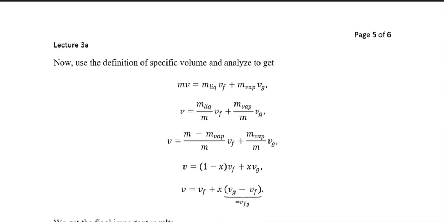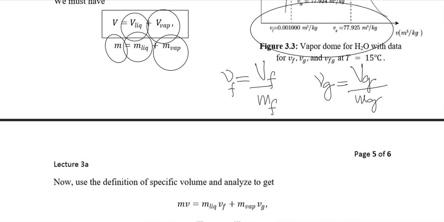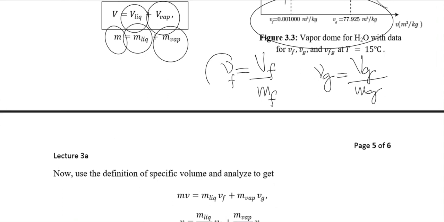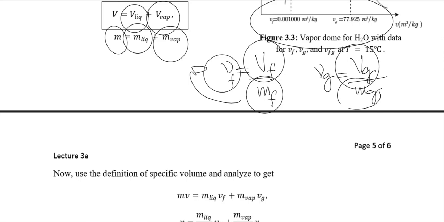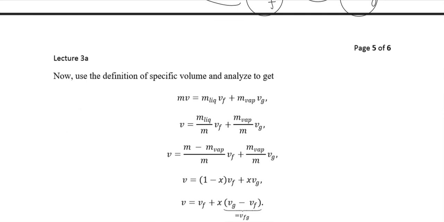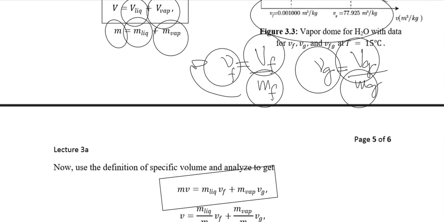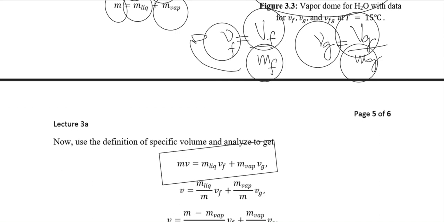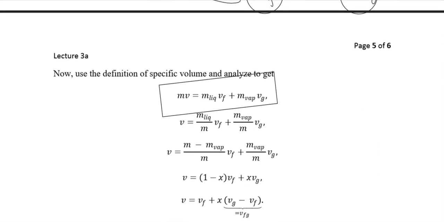So the total volume would be equal to mf, the mass of the liquid, multiplied by vf, plus mg, the mass of the gas, multiplied by vg. So the total volume in terms of specific volumes would be something like this.